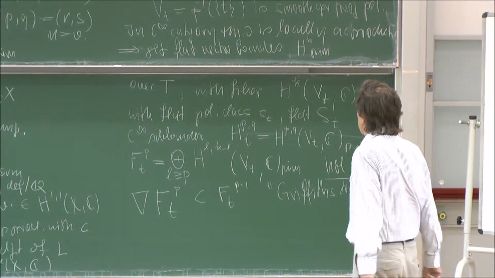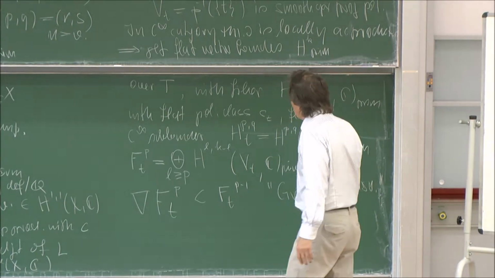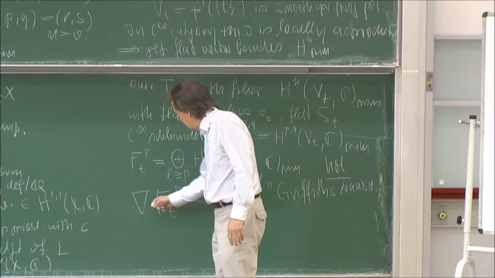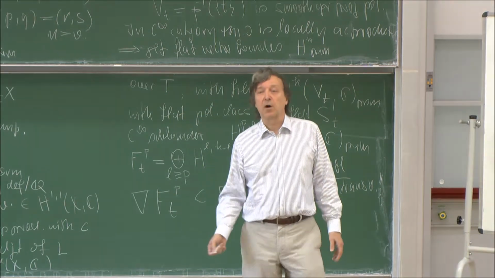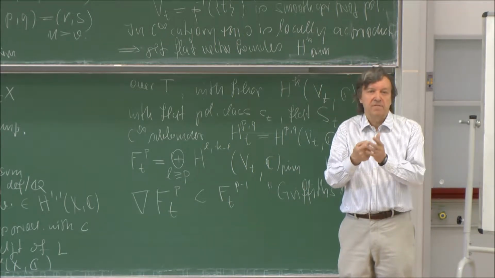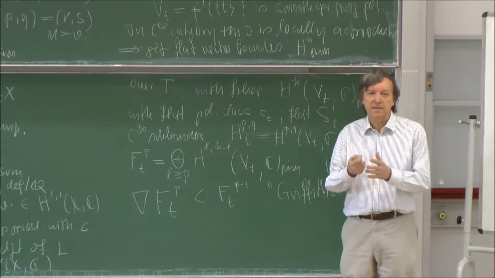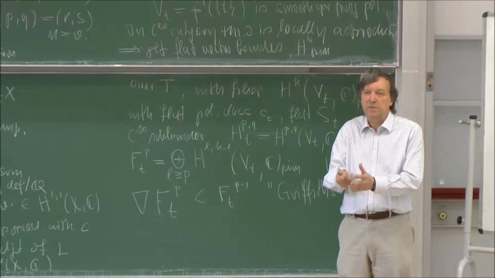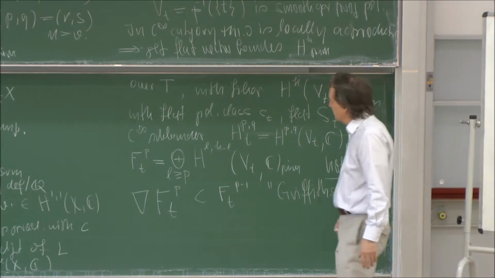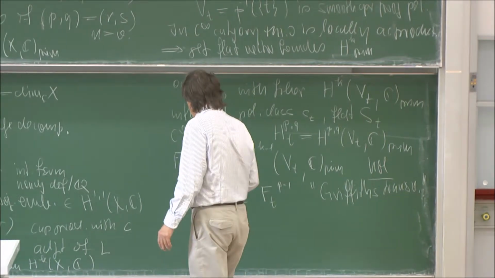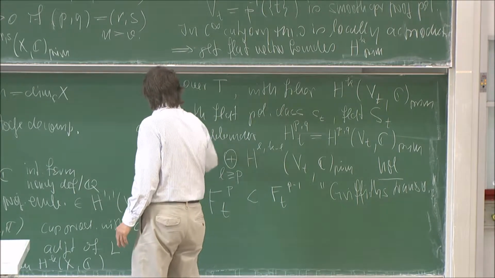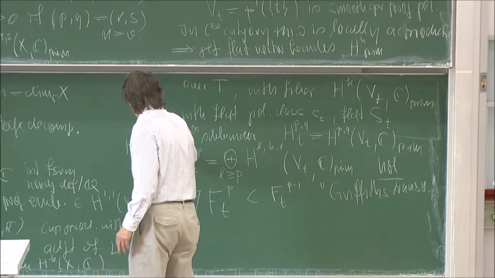So this is what one gets, and basically one should think of F^p as encoding the Hodge decomposition, because the primitive (p,q) cohomology is the intersection of F^p and the complex conjugate of F^q. So this determines the H^{p,q}.